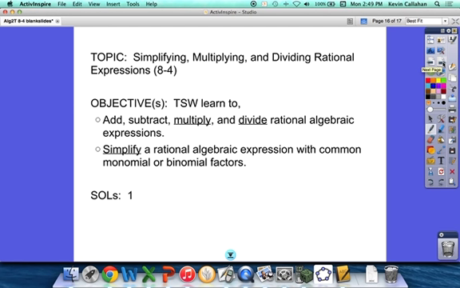Okay, so quiet, please. So we did simplify, multiply, and divide. Next time we add and subtract. I'm just giving you what the SOLs say. They list add and subtract first, and then multiply and divide.